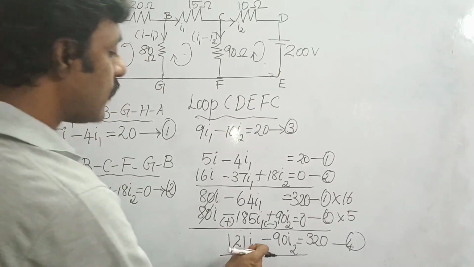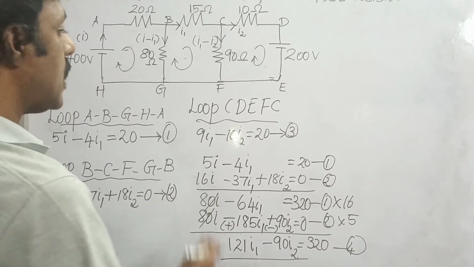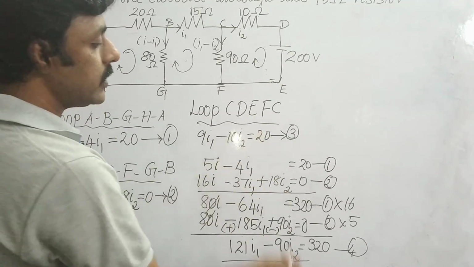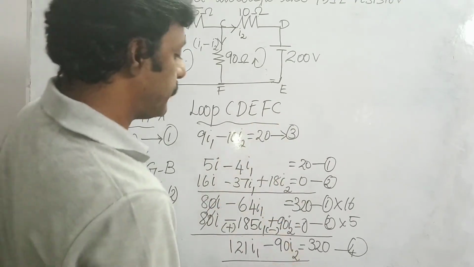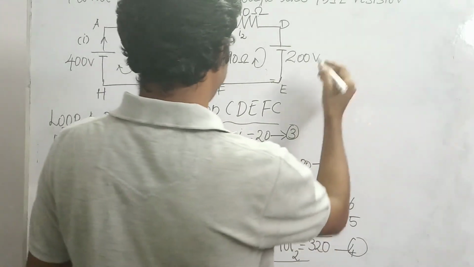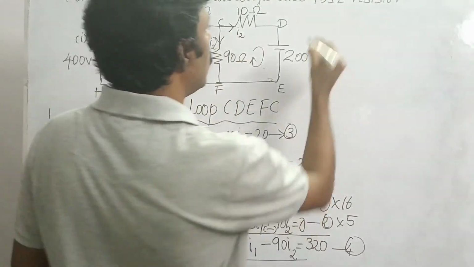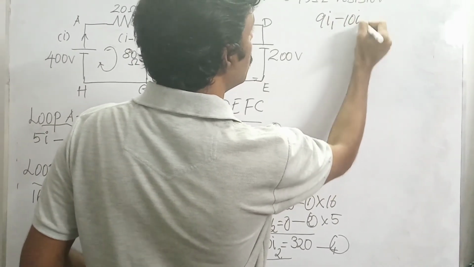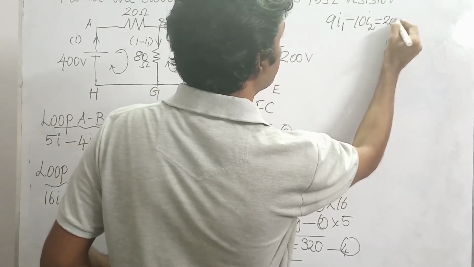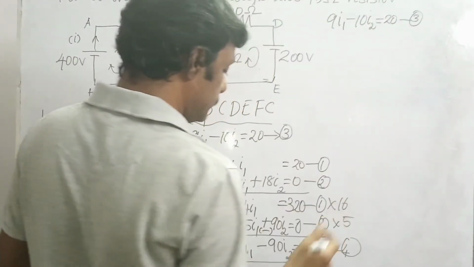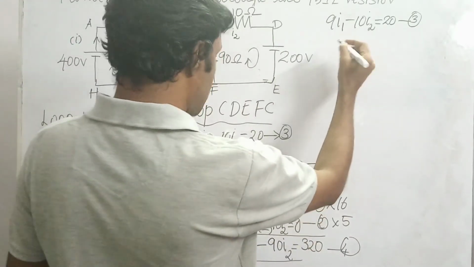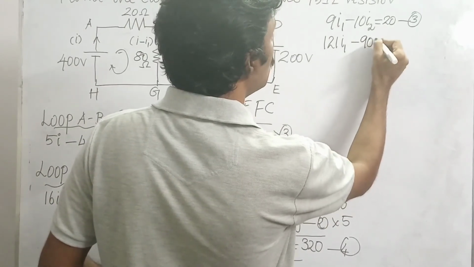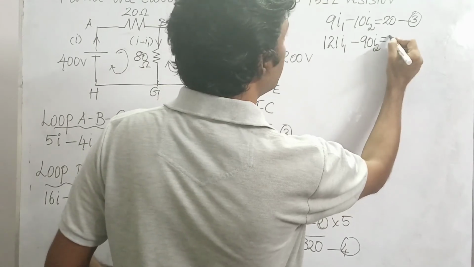Now I have the values of I1 and I2 in equation 4, and similarly in the third equation I also have I1 and I2. So I can solve 3 and 4 once again. Now I'm considering equations 3 and 4. The third equation is 9I1 minus 10I2 equal to 20. The fourth equation is 121I1 minus 90I2 equal to 320.